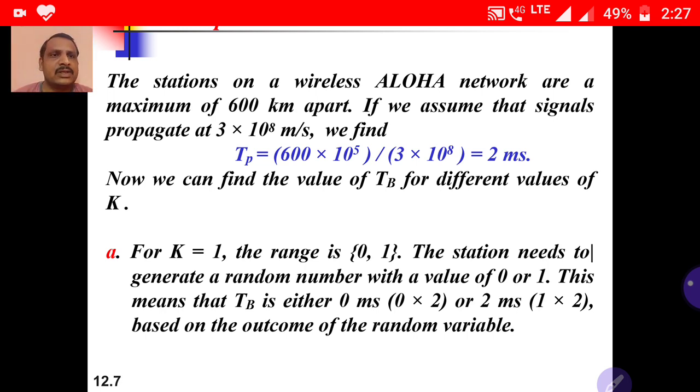The backoff time is r multiplied by TP, 0 or 1 times the 2 milliseconds we calculated. So the waiting time in our random experiment is either 0 milliseconds or 2 milliseconds. If 2 or 4 stations, they may all get 0 milliseconds or they may all get 2 milliseconds, depending upon the random experiment.